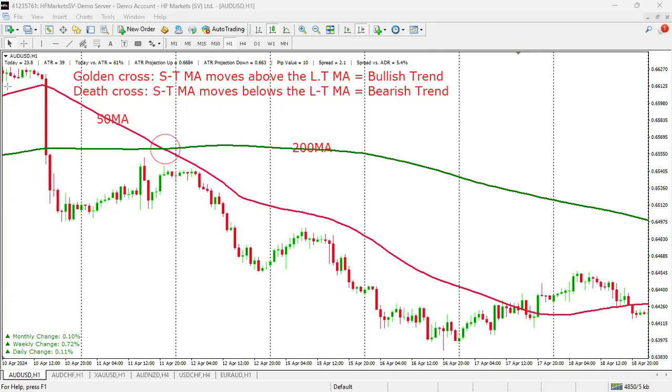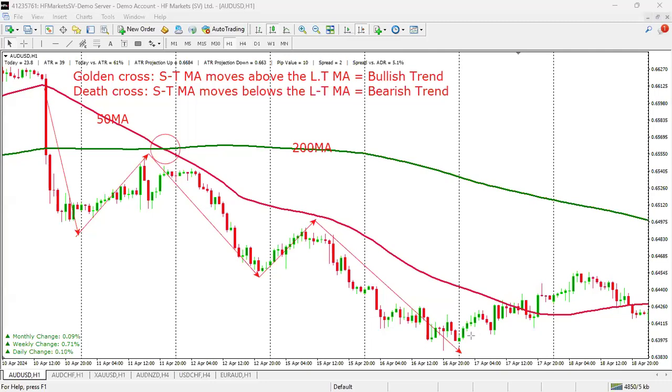You could see that it solidified the presence of a bearish trend in the market. Price came, offered us a retracement back, dropped, again offered us a retracement back, and then also continued its move lower. So usually, if you're also looking for the beginning of a bearish trend in the market, it usually happens when your short-term moving average moves below your long-term moving average.